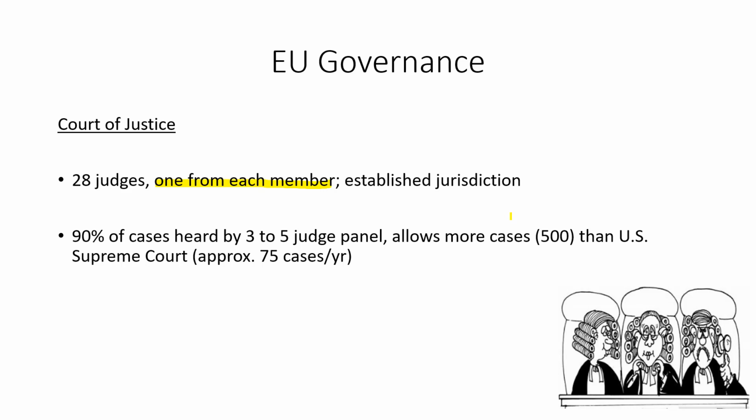So that allows them to see more cases, about 500 per year, as compared to the United States, which only hears about 75 to 80 cases per year, because all 9 of our Supreme Court justices sit over each individual case one at a time. So here they've broken it up a little bit to allow for more cases.